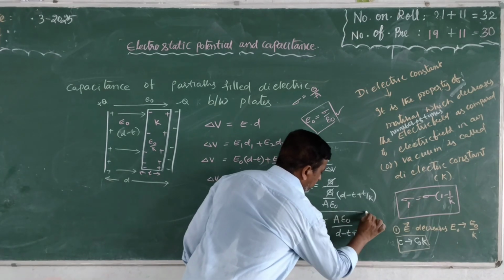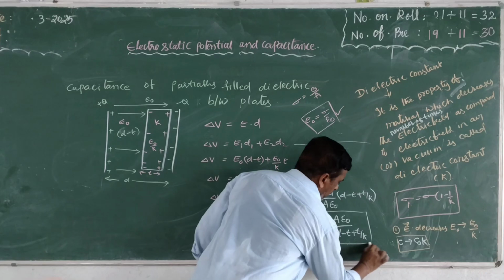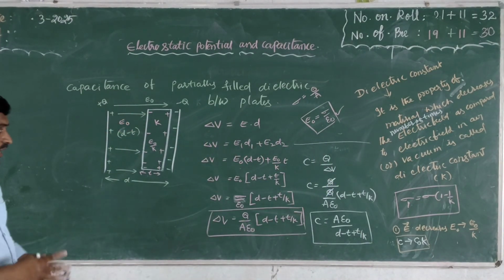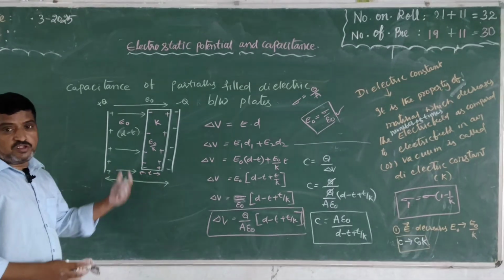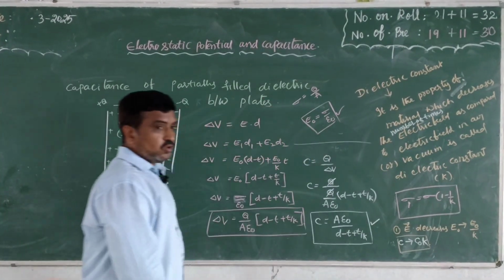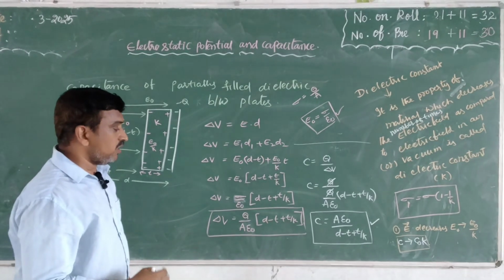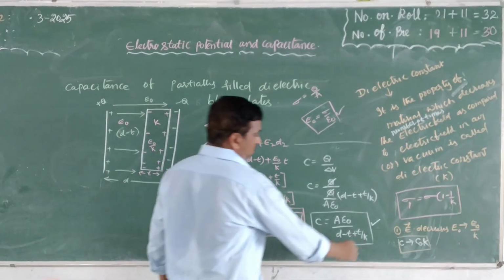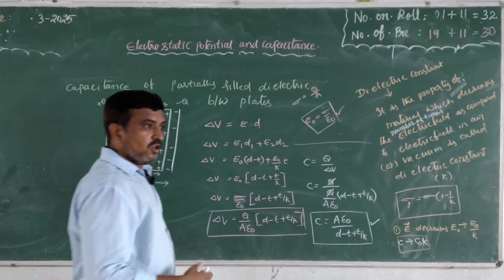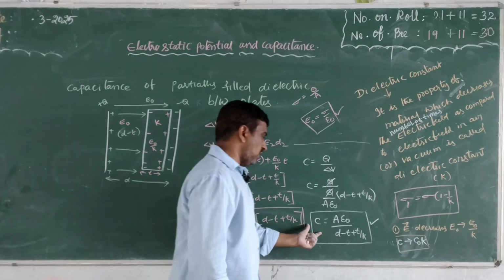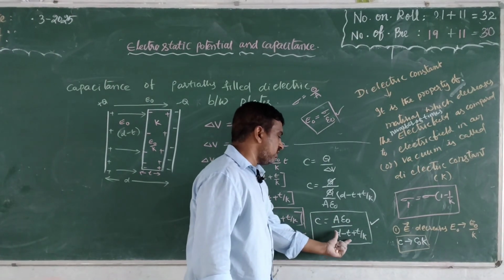This is the capacitance of the partially filled dielectric between the plates. So when the dielectric is partially filled between the plates, C equals A epsilon naught by (d minus t plus t by K).